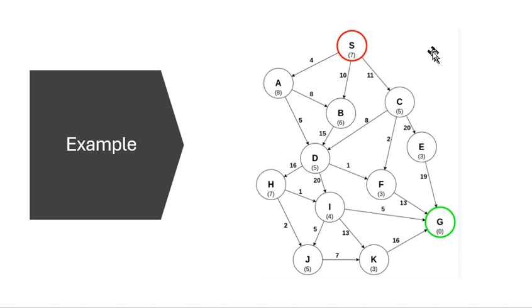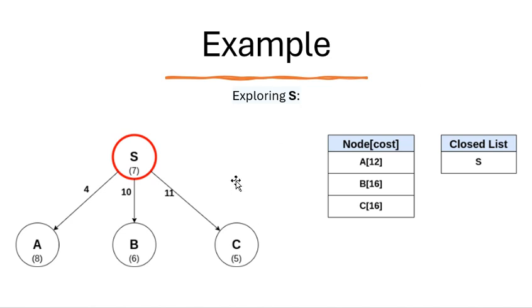Then we will explore S, and as you can see, S has three destination points, A, B, and C, but none of them are our goal. So we will explore S like so, and it has three connections, A, B, and C. Now we will calculate f of x of each node, A, B, and C individually, and update our open list.